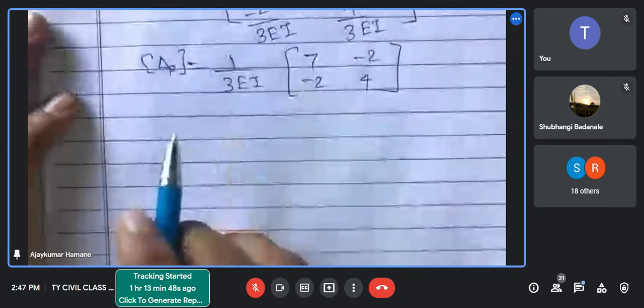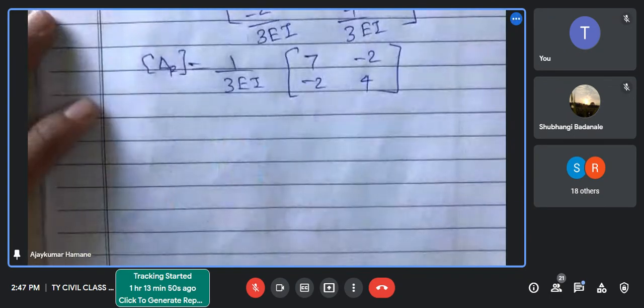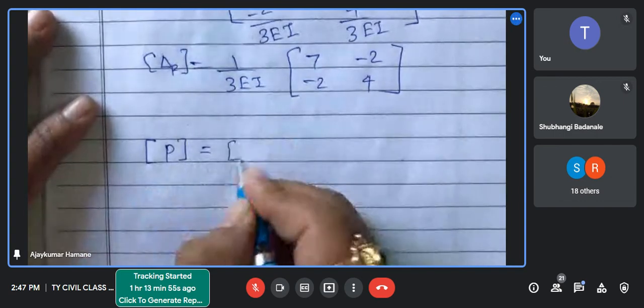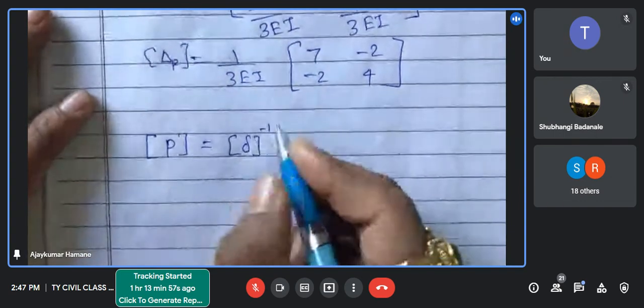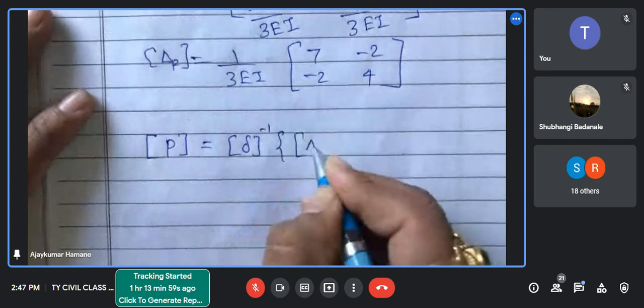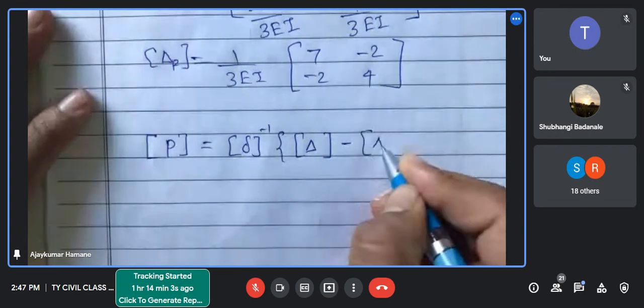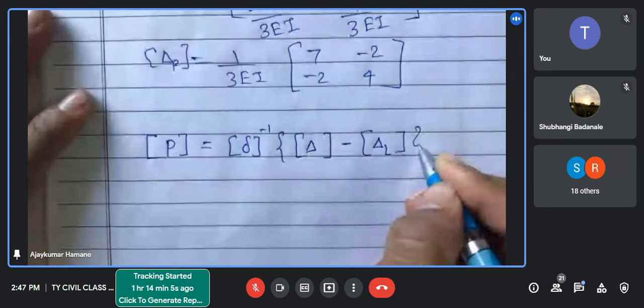Okay, students, what is the last equation? The redundant forces P equal the inverse of the flexibility matrix times the total displacement minus the displacement due to the loading.